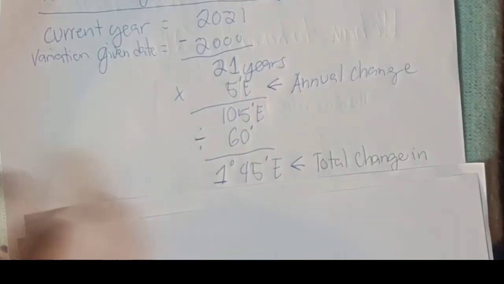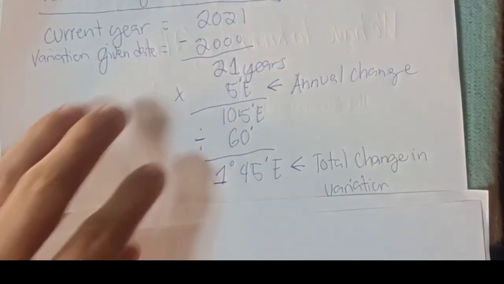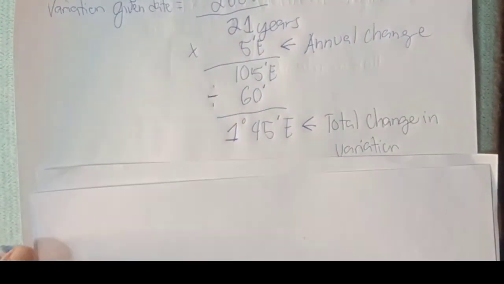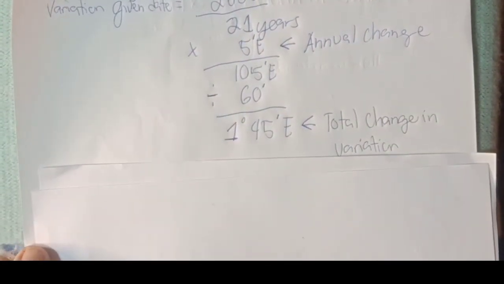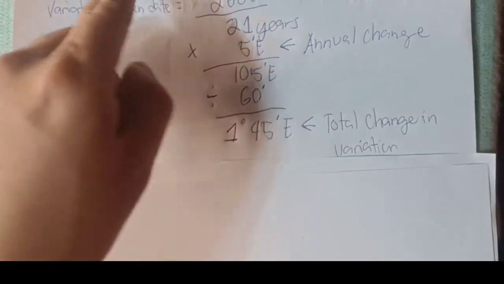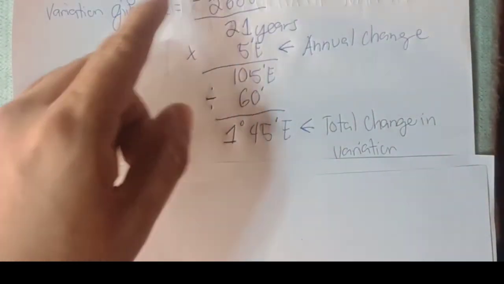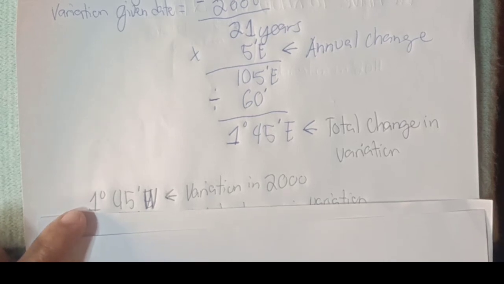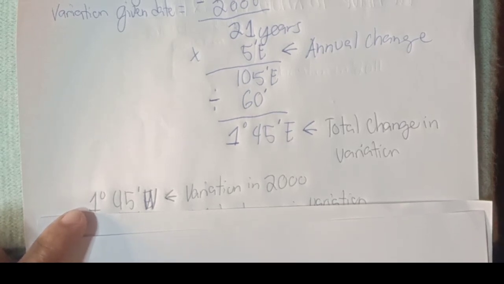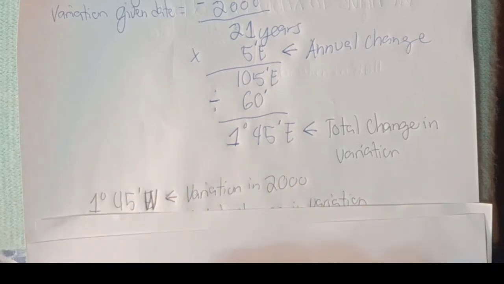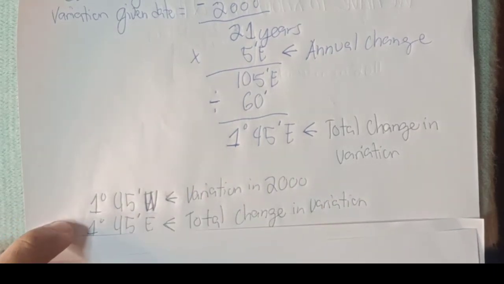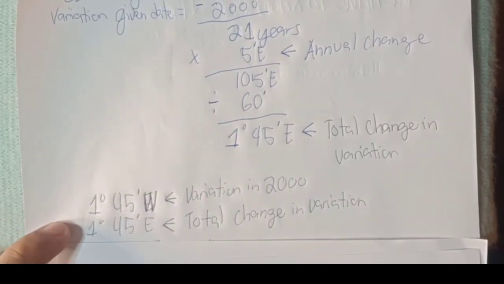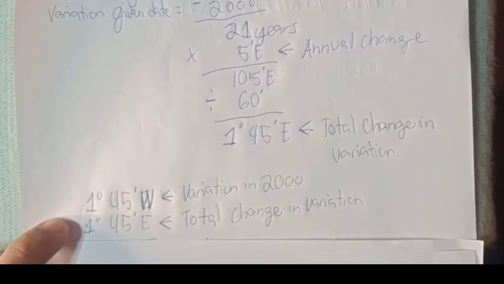This is our total change in variation. So put this variation in 2000, 1 degree 45 minutes west, and the total change in variation 1 degree 45 minutes east.